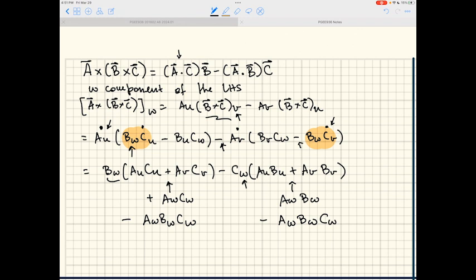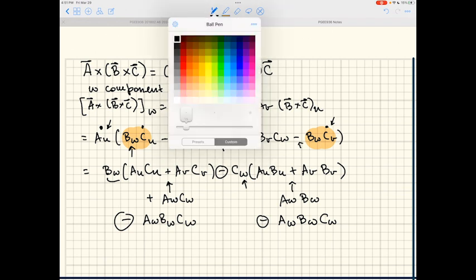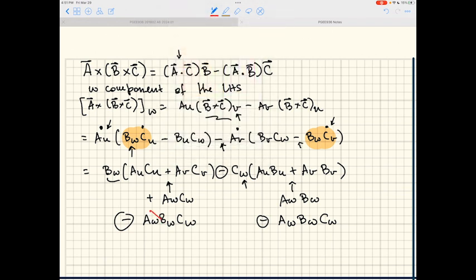When I do that, this minus with this minus is plus, which cancels this minus here. So I have cancelled this term with this one here.